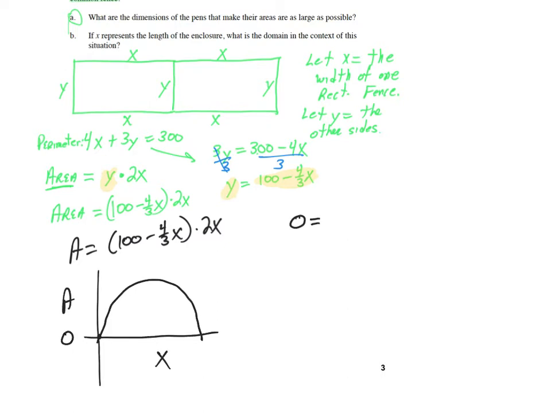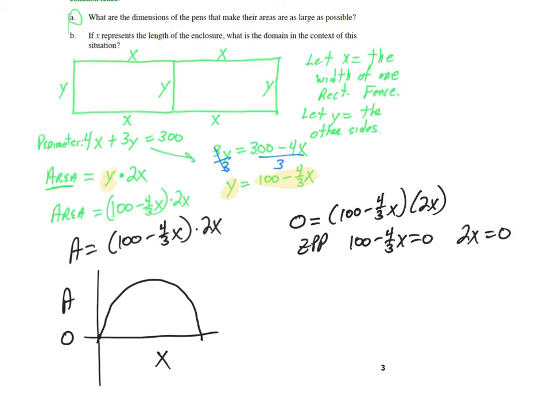So I'm going to set 0 equal to 100 minus 4/3 x times 2x. Use your zero product property. 100 minus 4/3 x has to equal 0, or 2x has to equal 0.